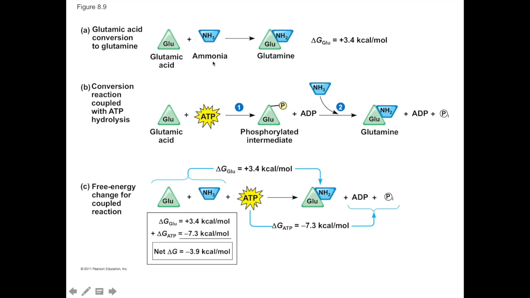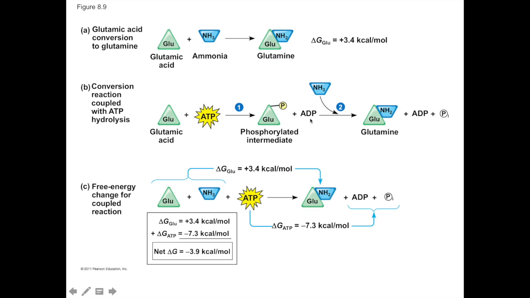Okay, so instead of just doing it all on its own like this and sort of pushing the system uphill, glutamic acid can absorb the energy by hydrolyzing ATP. We put that phosphate group on to glutamic acid.